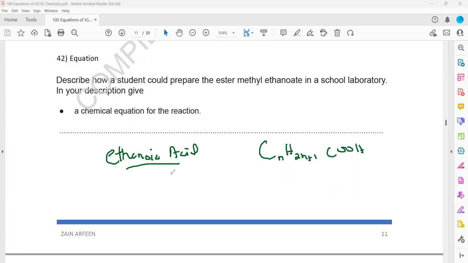Eth means 2, so what should be the value of n here? Because one carbon is already in COOH, the value of n should be 1. So we need one more carbon. That's why it will be C1 and H: 2 multiplied by 1 is 2, plus 1, 3. So CH3COOH. That will be ethanoic acid.